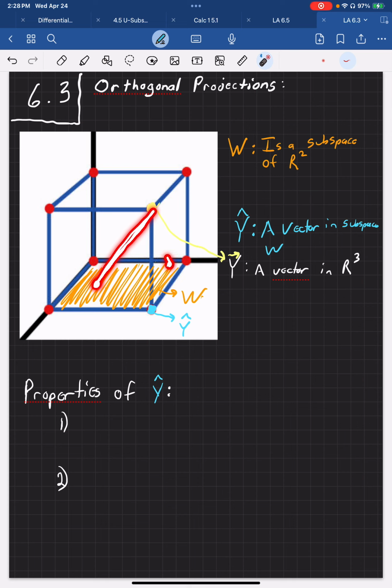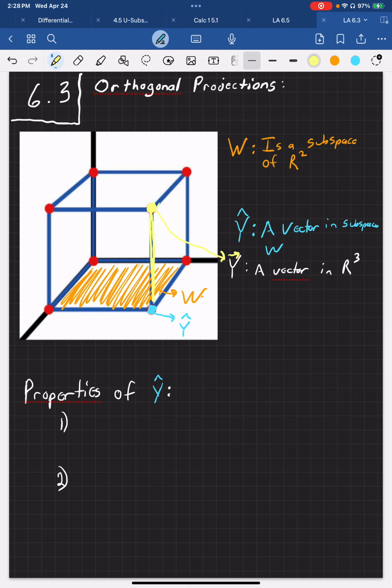However, y hat is a vector in subspace W that is orthogonal, right, perpendicular to vector y. That is where we're going. That is what we need.